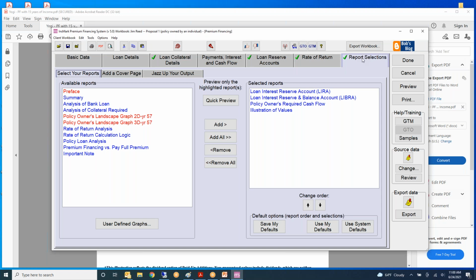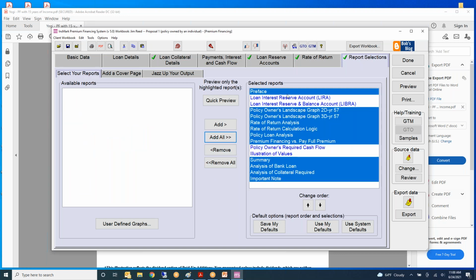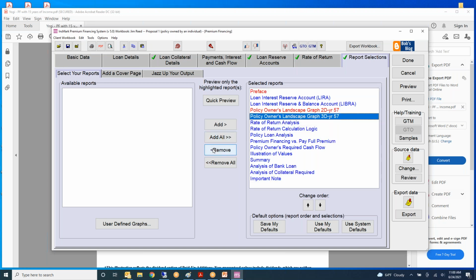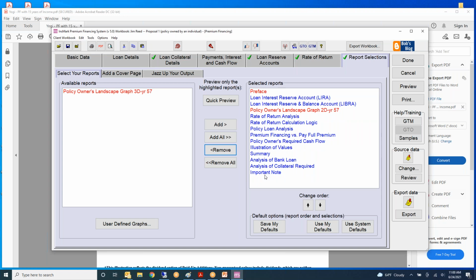Okay, you come to report selection. For a new user, it's really a good idea to just add all available reports. And then later on, if you need to show less, you could just remove reports. And you can order them. Like the summary, I want it to be one of the first reports to show up.